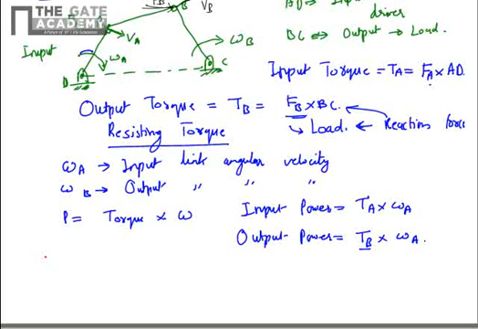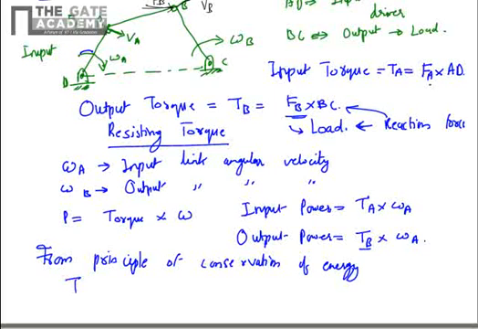So, from the principle of conservation of energy, we will get the equation for mechanical advantage. So, the power is nothing but energy per unit time. Since the input energy is equal to output energy, input energy per unit time is equal to output energy per unit time.